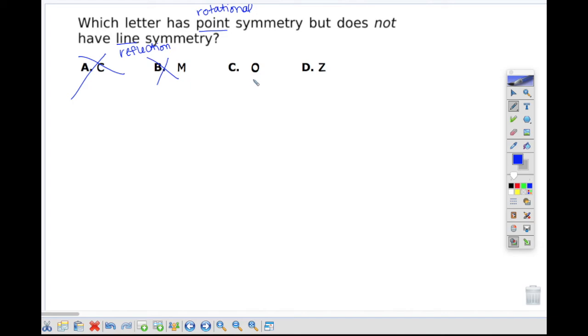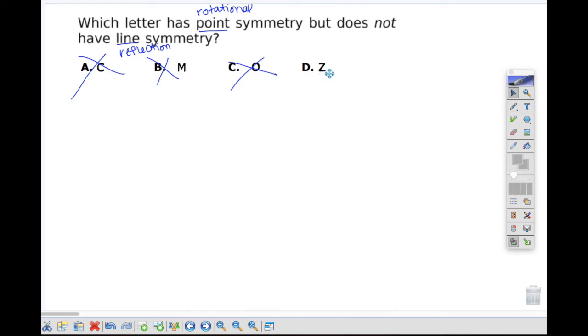So this one does have point symmetry, but does it have line symmetry? Are there any lines of reflection in the letter O? Yes, there are lines of reflection in the letter O. That means O could not be the answer because although it does have point symmetry, it also has line symmetry. And the letter Z.